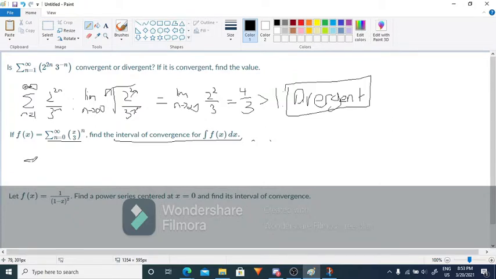So I'm just going to rewrite f of x, this infinite series, n equals 0 to infinity of x over 3 to the n. And so we're going to take the integral of this, with respect to x.